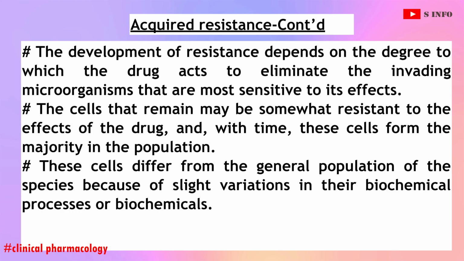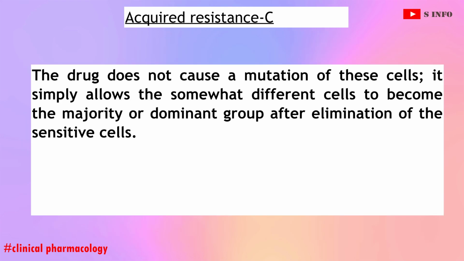These cells differ from the general population of the species because of slight variation in the biochemical processes or biochemicals. So, in acquired resistance, the drug doesn't cause mutation of these cells. It simply allows the somewhat different cells to become the majority or dominant group after elimination of the sensitive cells.